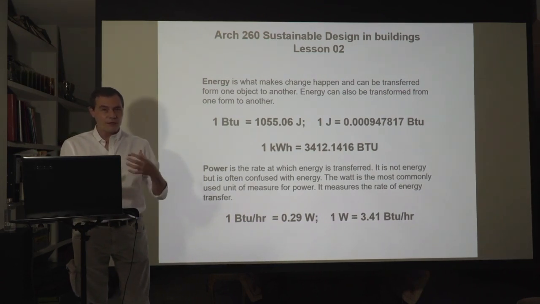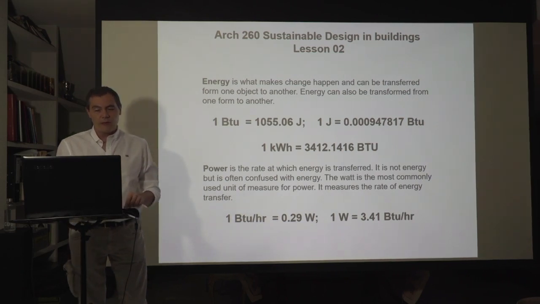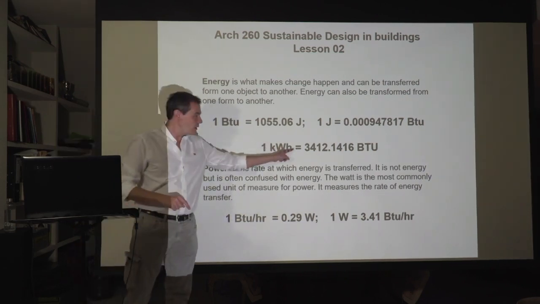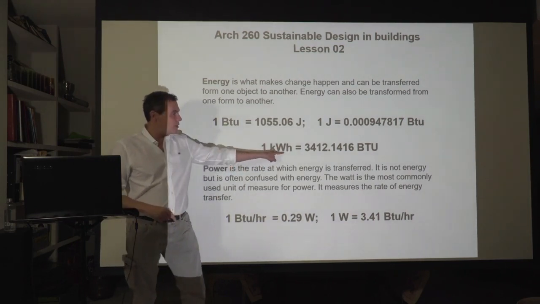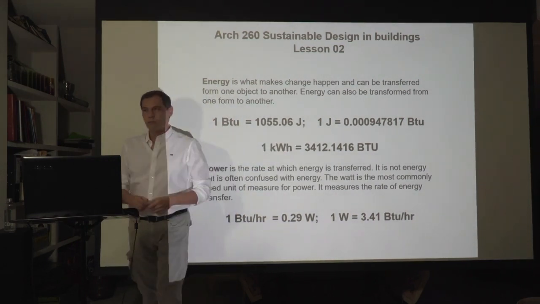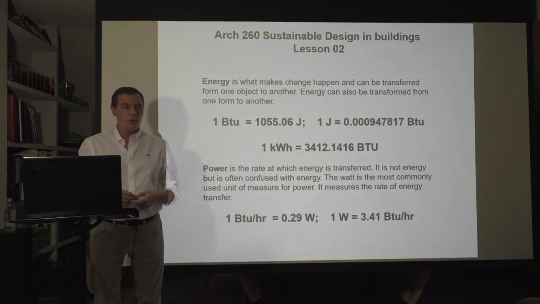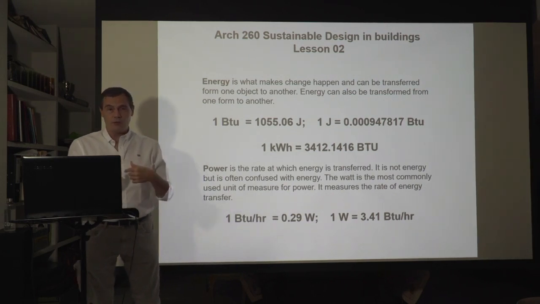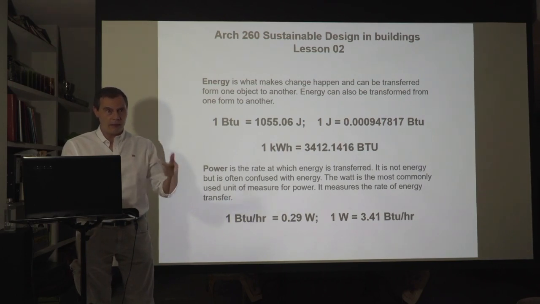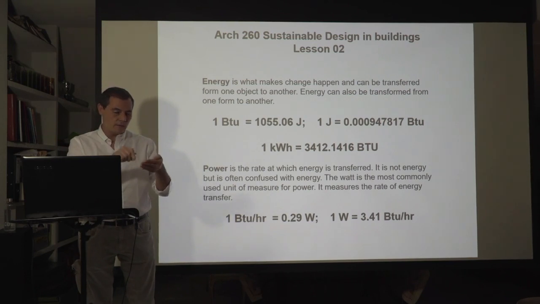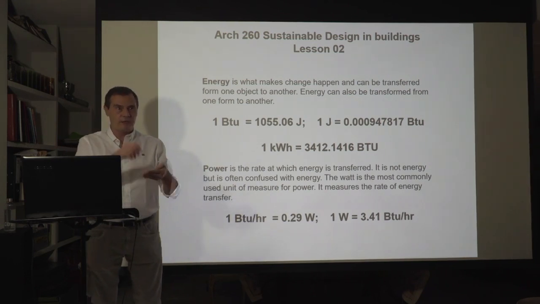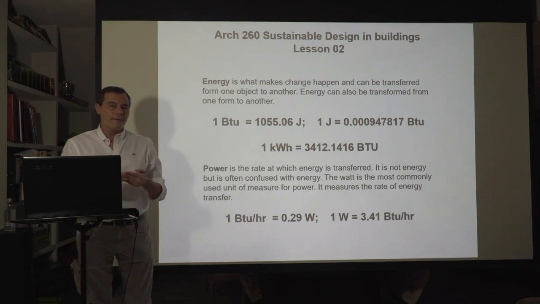And we have another unit that is better. When we are talking about energy in the international system, we talk about kilowatt hours. Why do we talk about kilowatt hours instead of joules? Well, because if you look at your electricity bill or your energy bill, if you are living in your own house, on a monthly basis you will receive a bill, and then you will have $500 or $50 or $200, and that is related to the energy consumption.